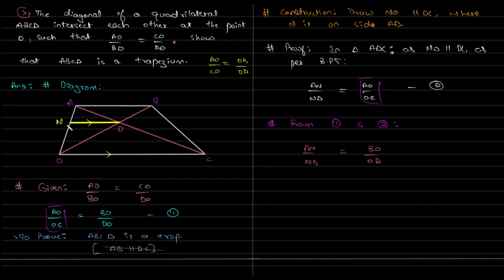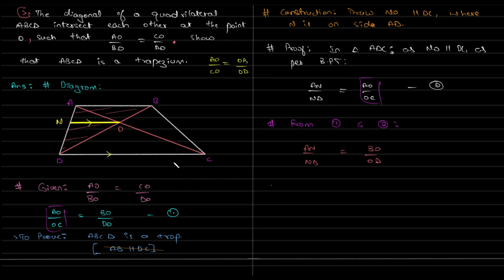Let's look at where AN by ND and BO by OD are. Which triangle are they part of? It's part of triangle DAB. So we have the ratios to be equal. So what can you prove? We can prove that NO is parallel to AB, and that is done.